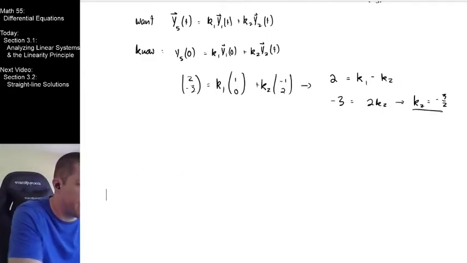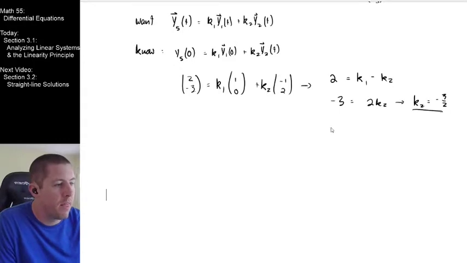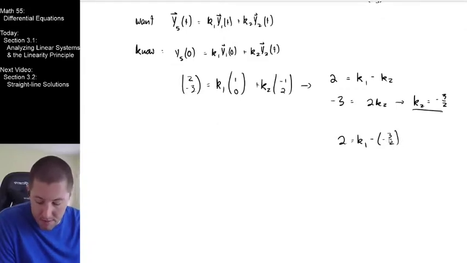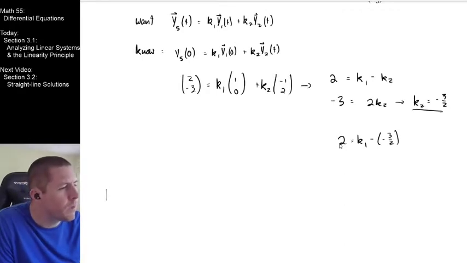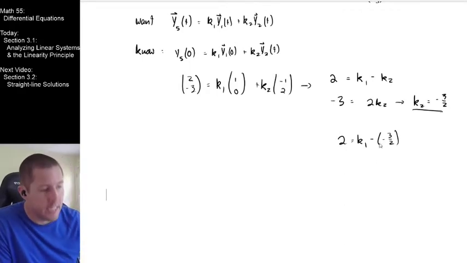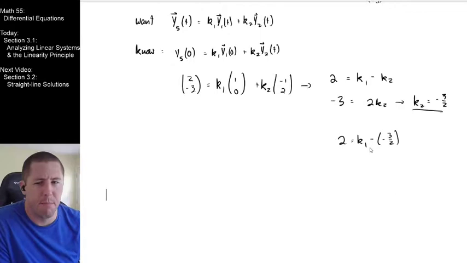And if K2 is negative 3 halves, so I'm going to give myself some more room right here because I'm going to copy and paste in a graph as well. Then I can say 2 equals K1 minus negative 3 halves. I'm going to want to add that over to the other side. Oh, sorry, that's an addition. I'm seeing a number I don't recognize because I'm doing my mental math poorly. This is addition.